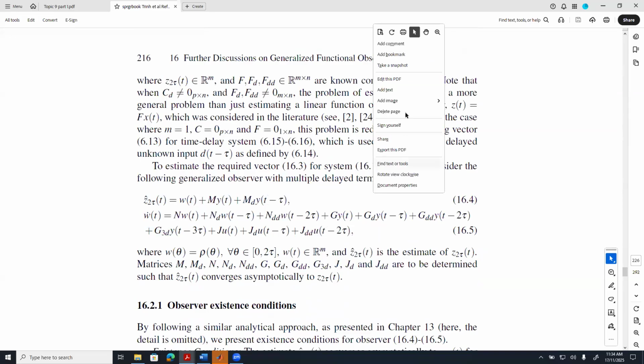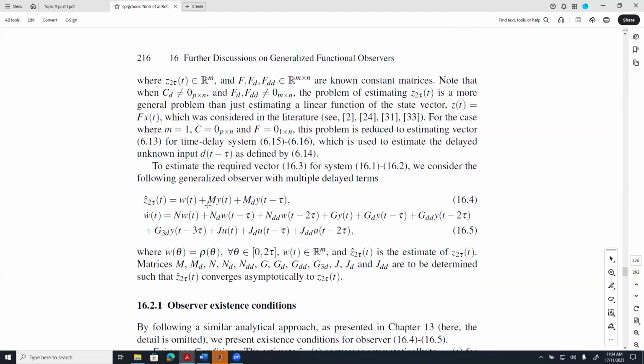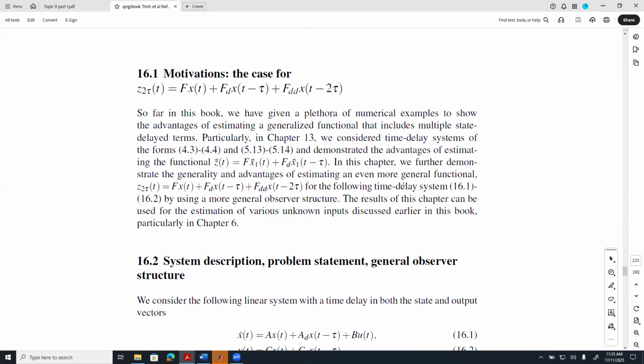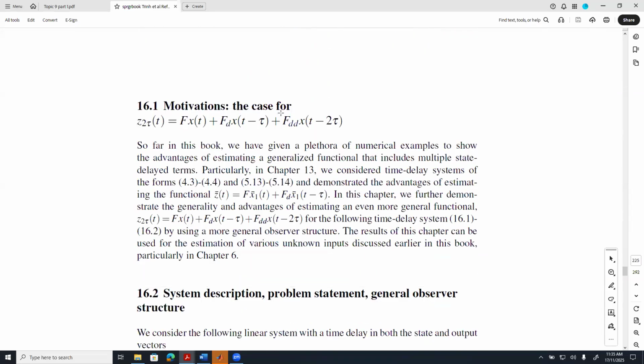As you can see in here, it contains an internal delay and also another internal delay, which basically are multiple internal delays. And we also can have the output measurement vector delayed up to 3 times. This is to cater for the situation where the generalized functional contains up to 2 time delays in here.